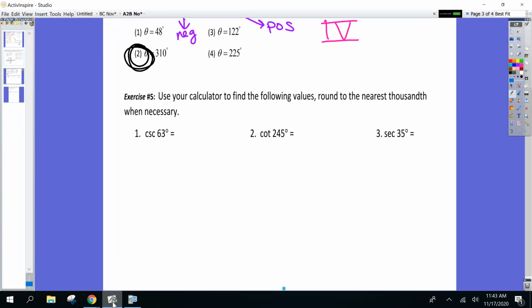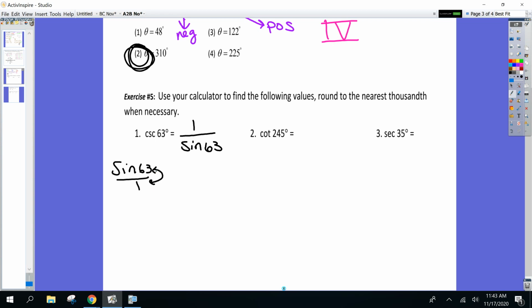Go back. What's cosecant related to again? Sine. But it's sine flipped. So ready, watch. What I'm going to do is find the sine of 63, but flip it. I'm going to take the sine of 63 over 1 and flip it. That's what I'm doing to find cosecant.